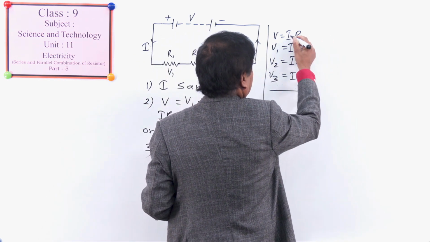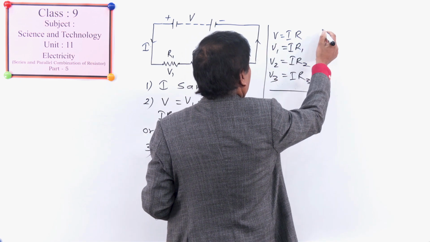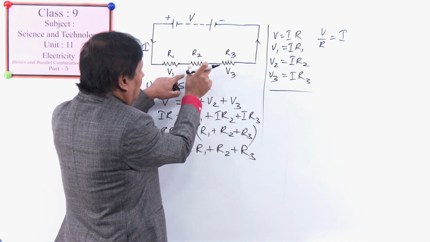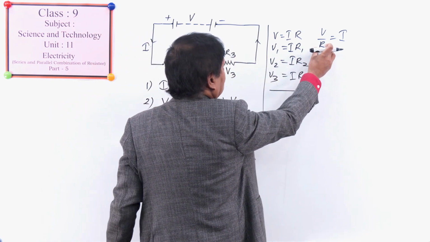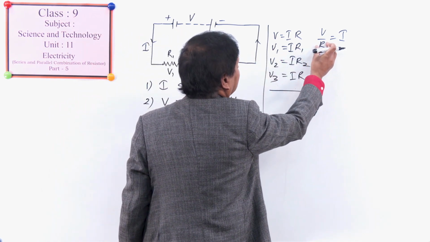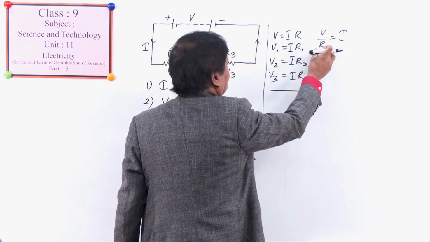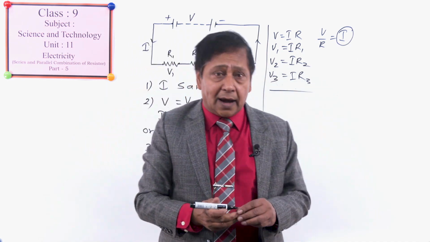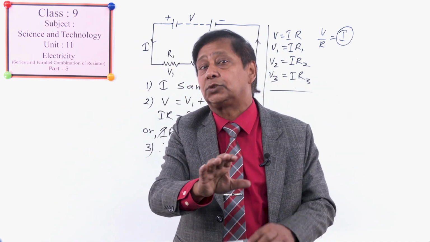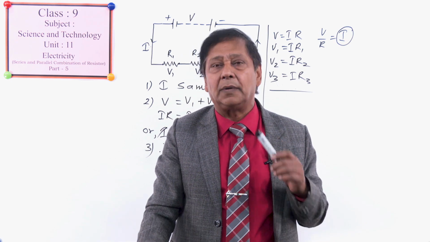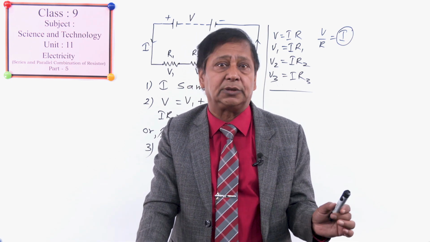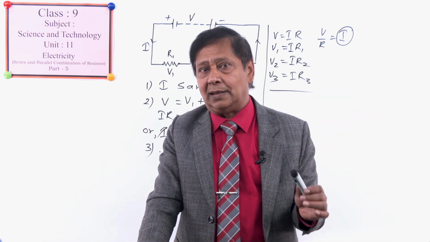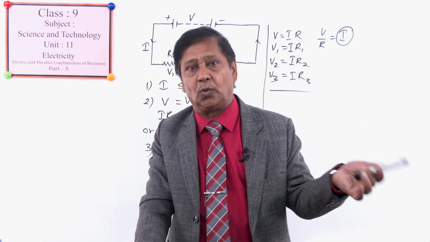If we take this R to the left hand side, V by R equal to I. If we connect more and more resistors, then total resistance increases, and when V is divided by total resistance, the value of current decreases. That's why the current in the circuit won't be so high and overheating of the circuit is not possible, and this type of connection can be made in those places where inflammable materials are stored.